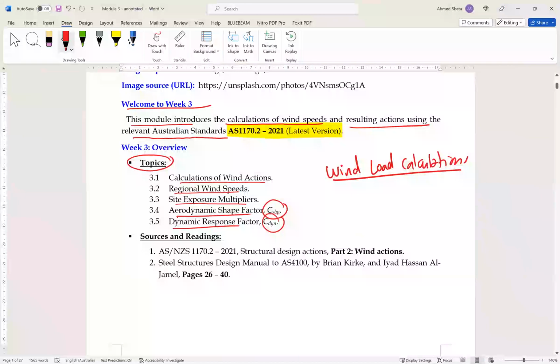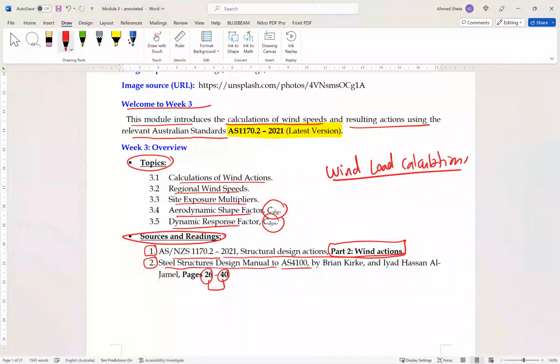Okay, the sources and readings for this week are the Australian standard itself, 1170.2 2021, Structural design actions Part 2, wind actions. The second reading you can have a look at is the textbook Steel Structures Design Manual to AS 4100, from page 26 to 40.